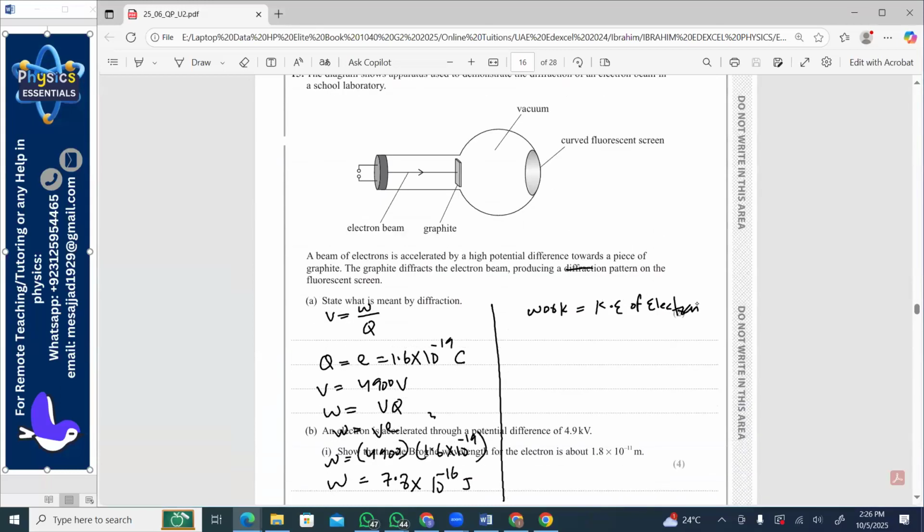There is a very high voltage here, and this 4900 is moving the electron to a very high speed. So we are making the electron hit this plate with a very high speed to be detected as light and diffract.